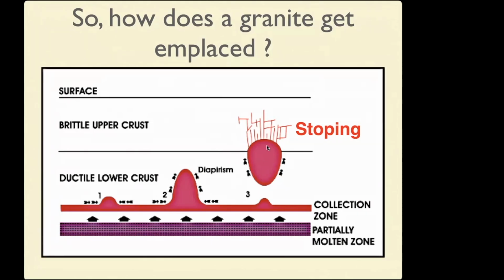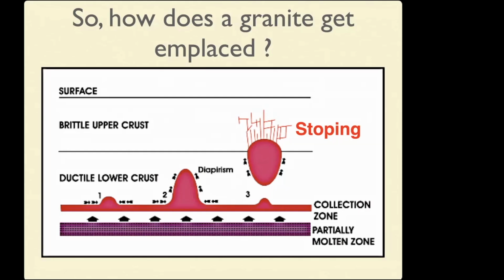And so what happens is that it starts getting in here and you get these fractures. The physical pressure of this thing rises, fractures the overlying crust. Now, this is called stoping, because what happens is that this breaks up and then falls into here, melts, and then creates part of the melt itself.